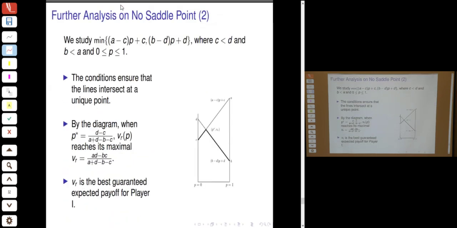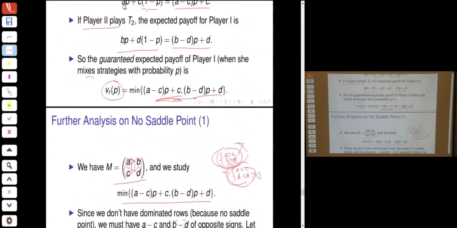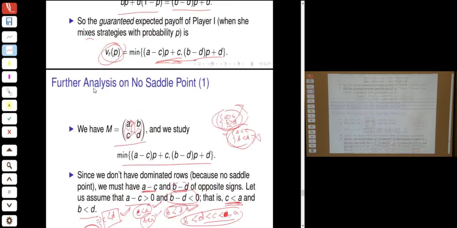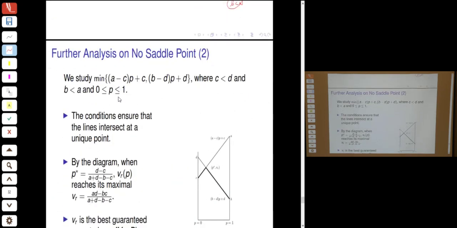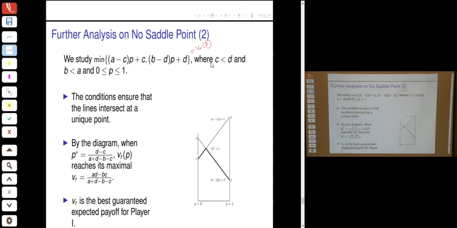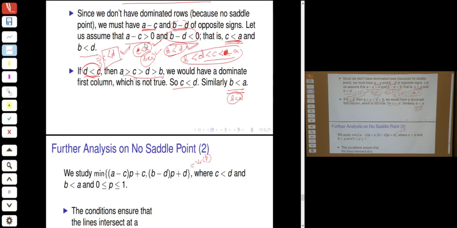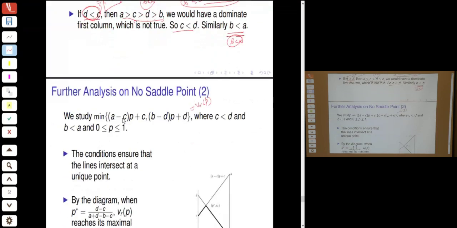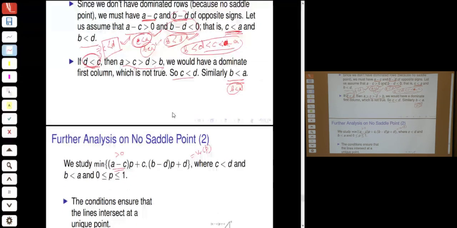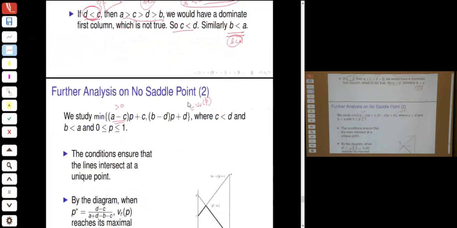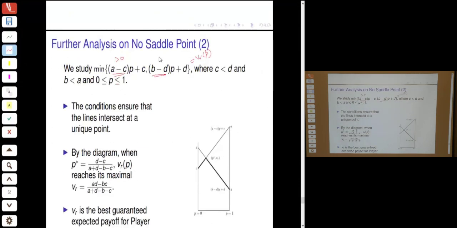So now let us get back to this quantity VRP, which we want to maximize as a function of P. So let's think about this as a function of P. So now notice that A is bigger than C, so this is positive, and B is smaller than D, so this is negative.